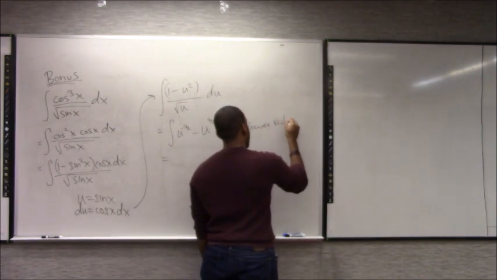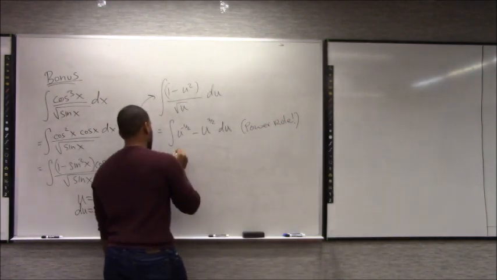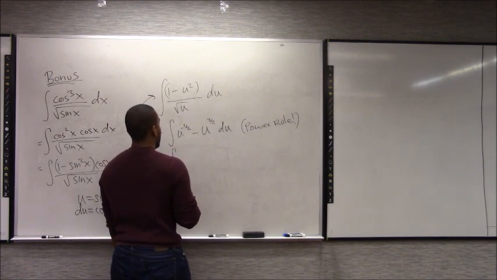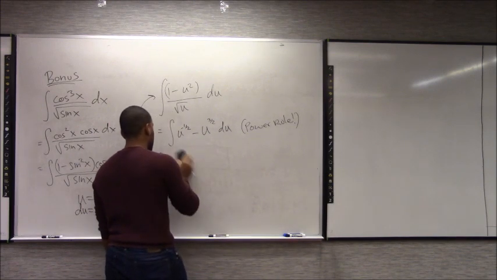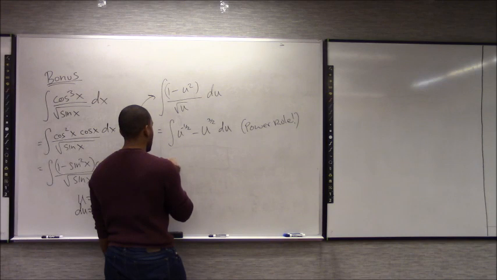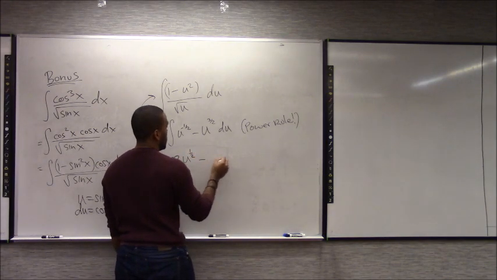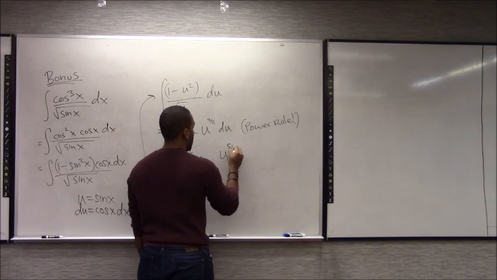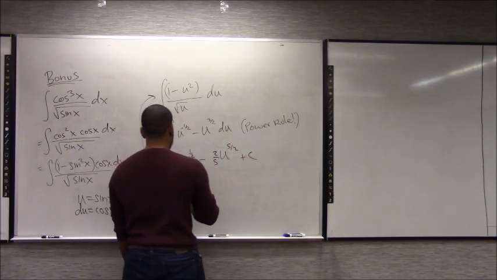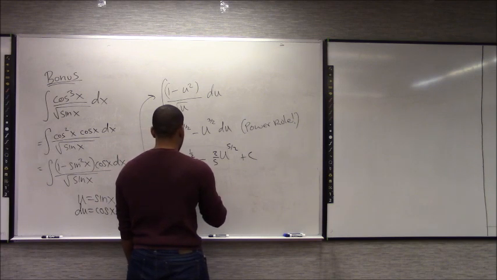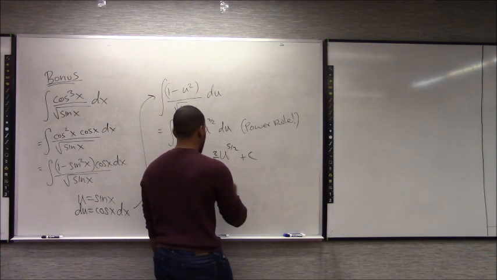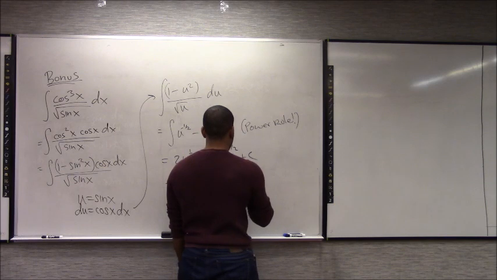So now you can apply the rule, you add 1 to the power. So that's u to the 1/2 divided by the new power. Add 1 to the power, 5/2 divided by the new power. So that's actually 2 times the square root of sine of x minus 2/5 times the square root of sine of x to the 5th.